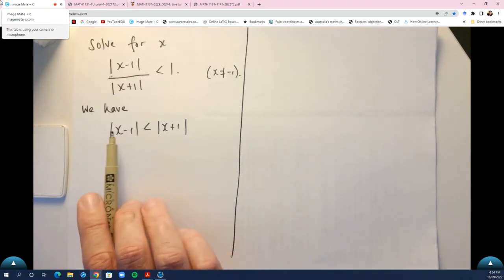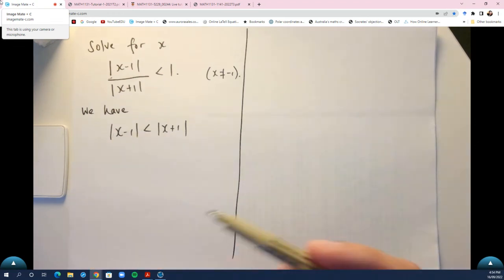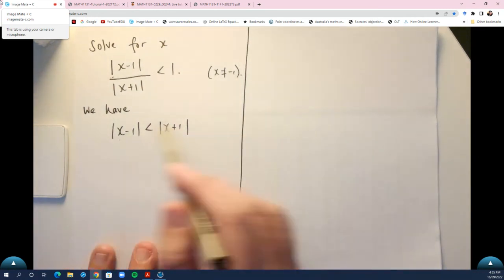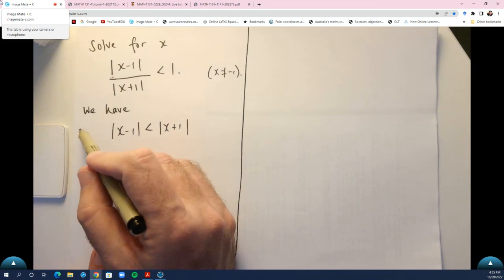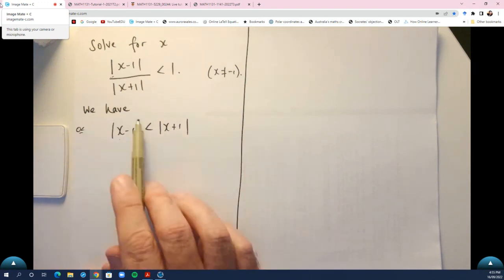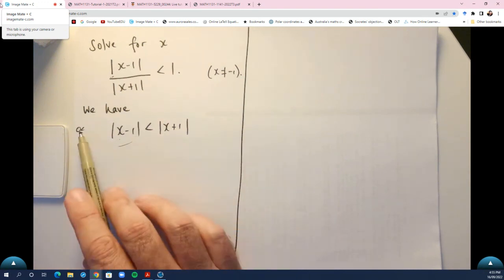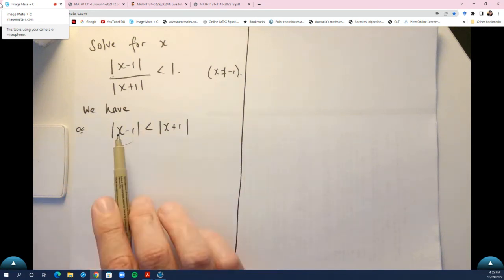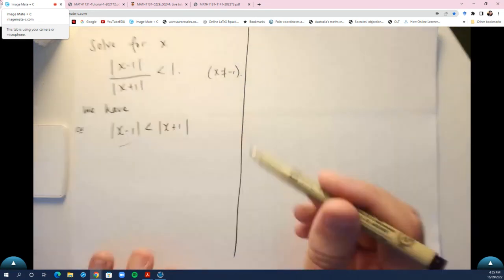How can we simplify this? Well, let's try to get rid of the absolute value signs, right? So we can square both sides. The reason that we can do that is because that is greater than or equal to 0, and that's greater than or equal to 0. So when we square these things, we keep the same inequality.